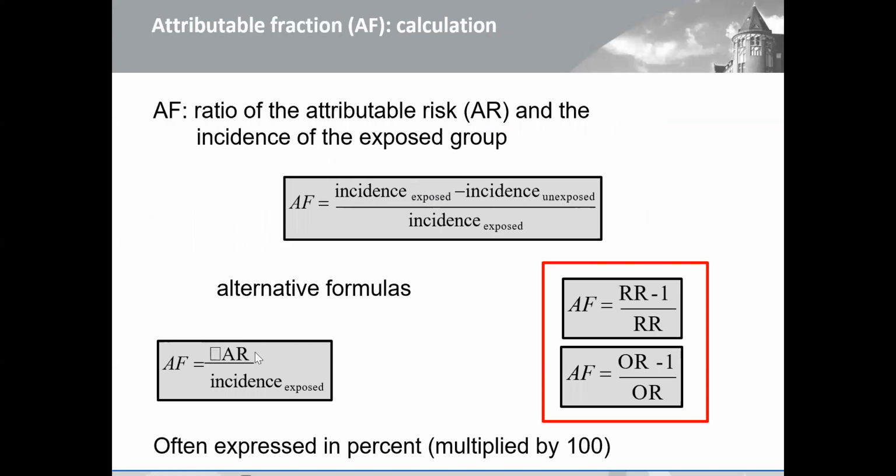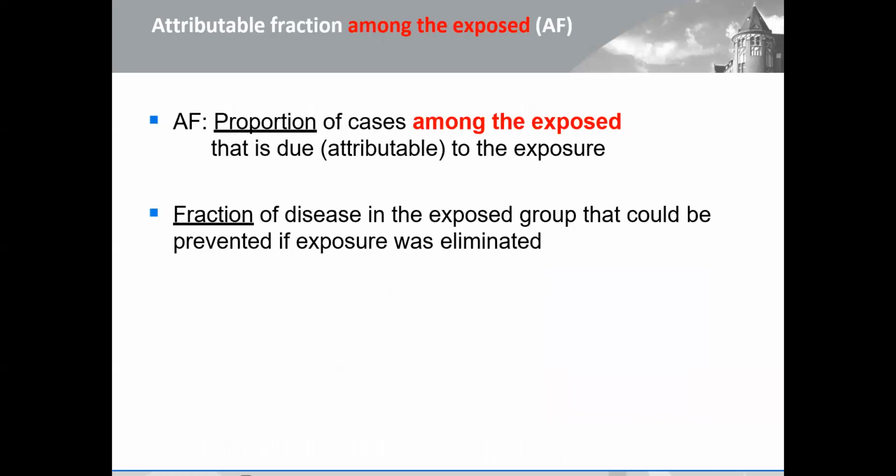This one is your attributable risk or your risk difference, and if you put the exposed incidence under it, it becomes a percentage. So you're just converting that risk difference into a percentage so that you see the proportion of cases among the exposed that is attributable to the exposure.